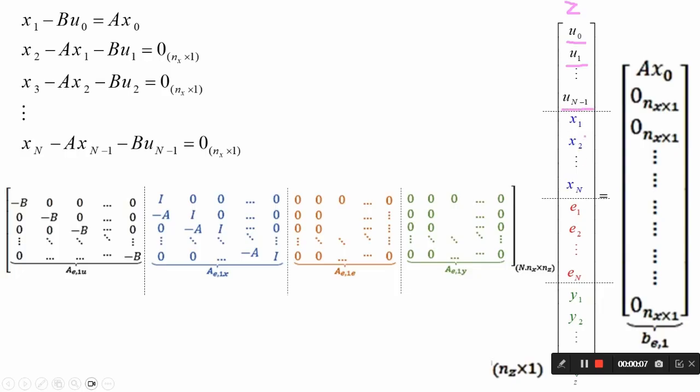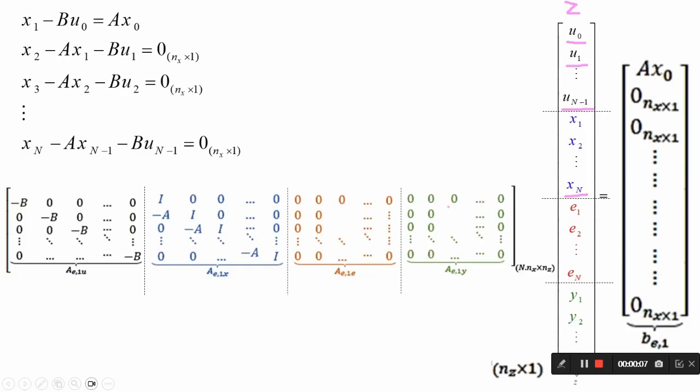Then we had x for the states. X starts from 1, 2, and goes all the way to x of n. And then we had two more. First we had error. Error also starts from 1 to the whole prediction horizon, n number of them, and finally the y. This is my z-vector for the whole prediction horizon.